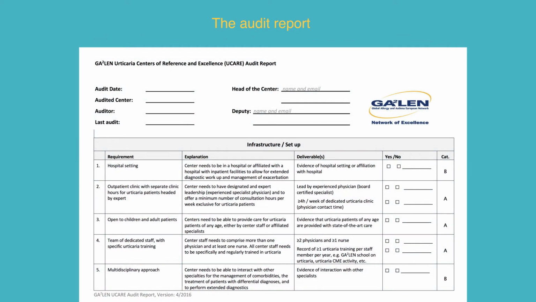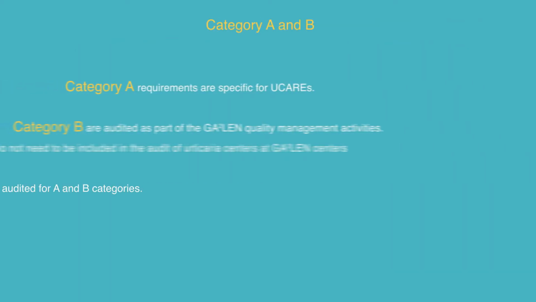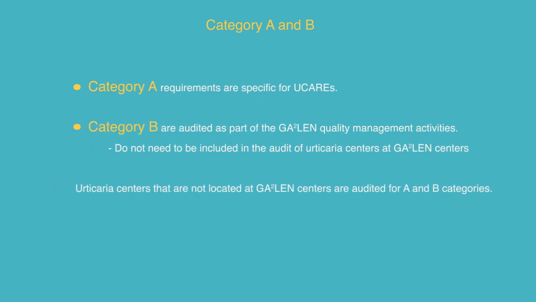This is the checklist of the audit report. There are 2 categories, A and B. Category A requirements are specific for UCARES, whereas Category B requirements can be assumed to be fulfilled by centres that are part of a certified GA²LEN centre.